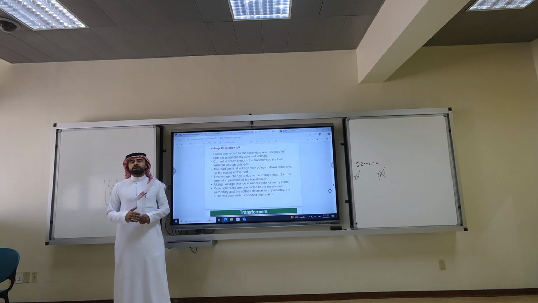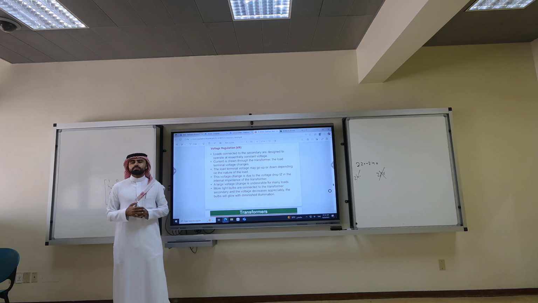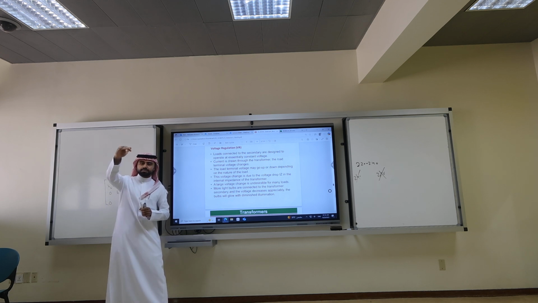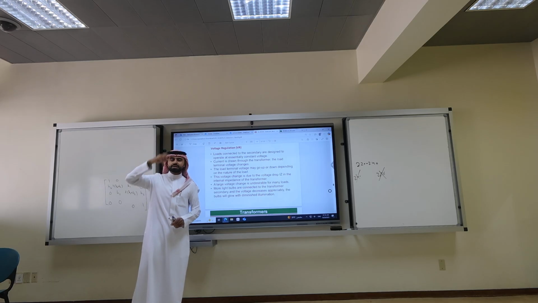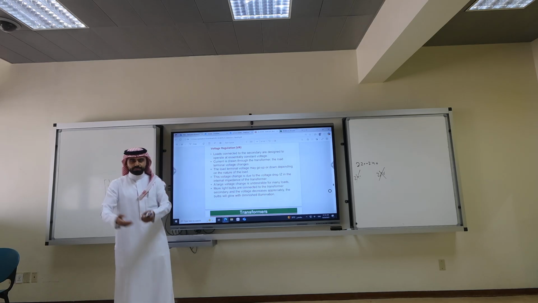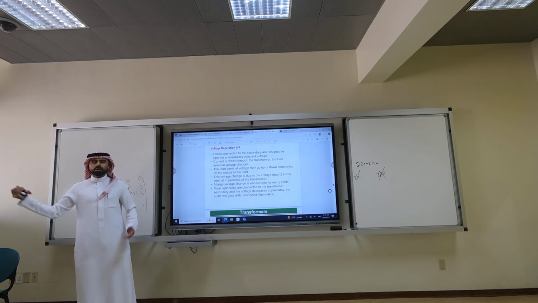What was the apparent power? 5,000. So you are allowed to connect 5,000 over maybe 70 watt bulbs. 5,000 over 70, max. If you exceed that, your voltage regulation doesn't work, and sometimes the transformer itself would trip to protect the transformer, the load and the source.